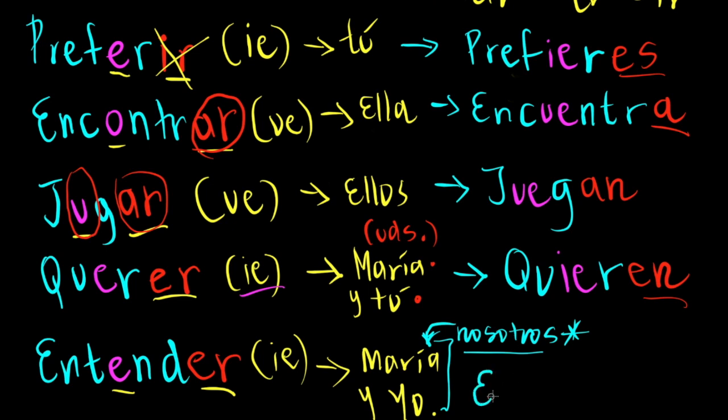If you think, what will be the conjugation of that? Let's see. Let me put the conjugation in red. You see, entendemos, and then the conjugation for nosotros, no stem change, because nosotros is the exception to the rule.